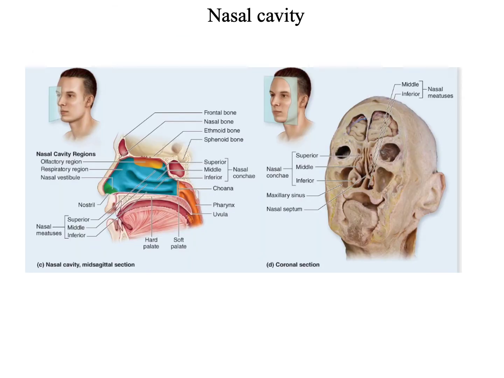The nasal cavity begins at the nares and extends to the choanae. Okay? So we have external nares, which are our nostrils, and we have internal nares, which are the choanae. These are paired openings that lead into the nasopharynx, the choanae.